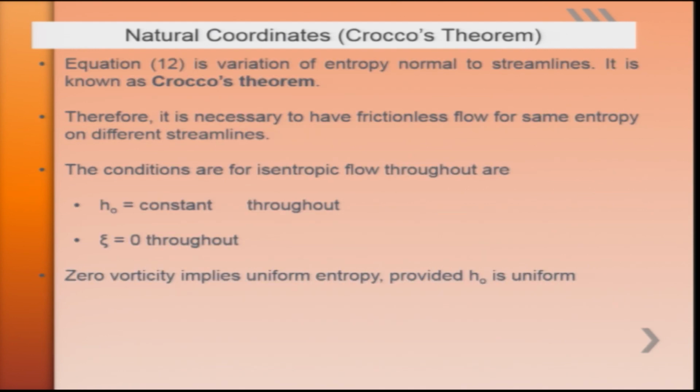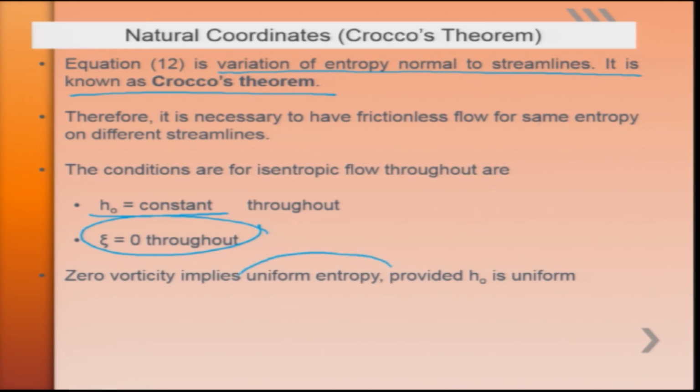What it says is that the variation of this equation is nothing but the variation of entropy normal to the streamline, and it is known as Crocco's theorem. This theorem finds that, for a frictionless flow with the same entropy everywhere, if h naught is constant and the vorticity is constant, then you can have uniform entropy across the streamlines as well.